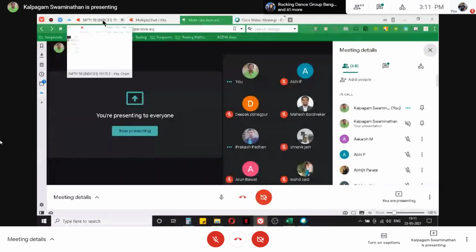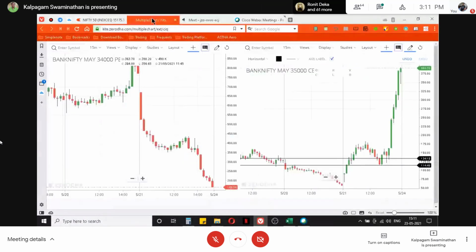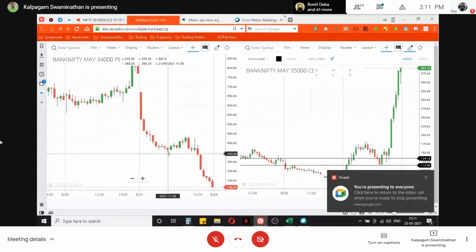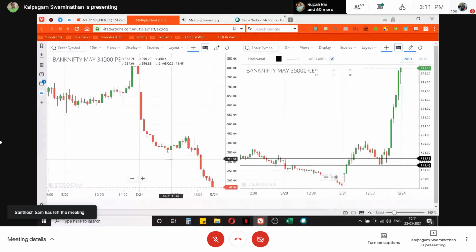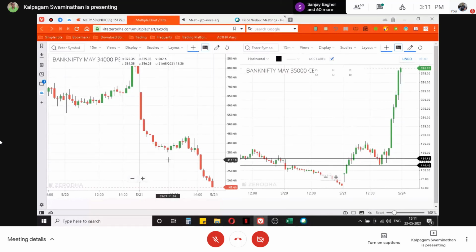Sir, here the stop loss is the entry candle low. That is very clear in all our methods. If the entry candle is this, 375 entry, 350 stop loss. Normally what I do is, I look for very small candles to form, which tells me that the momentum is slowing down.